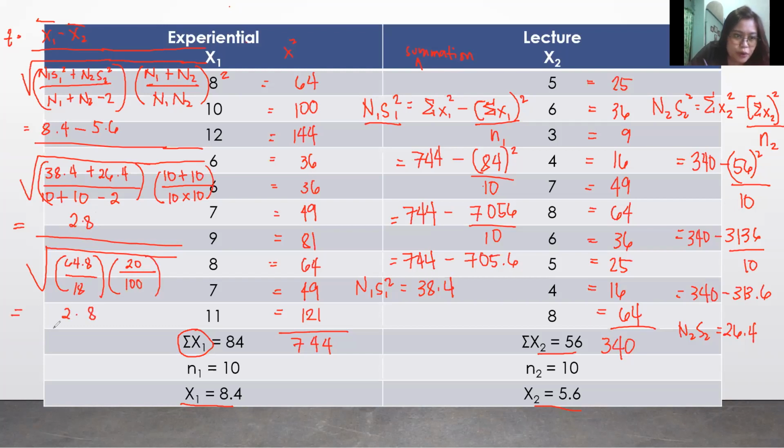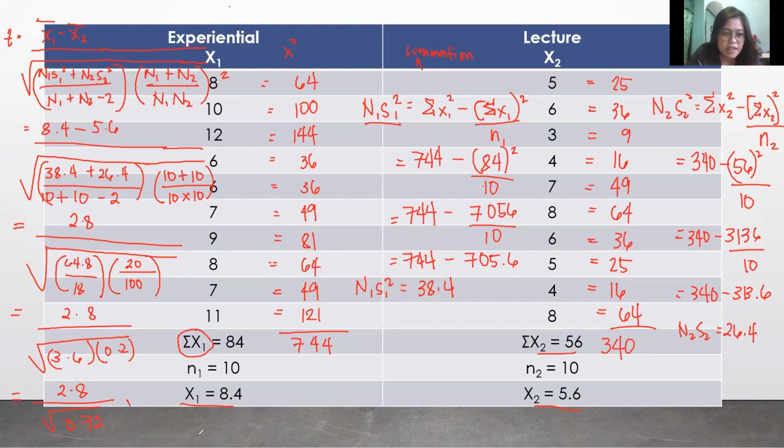So ngayon, 2.8 divided by the square root of 64.8 divided by 18, that is 3.6 times 20 divided by 100, it's 0.2. Ako dyan ang step by step ha. So 2.8 divided by the square root of 3.6 times 0.2, it's 0.72.